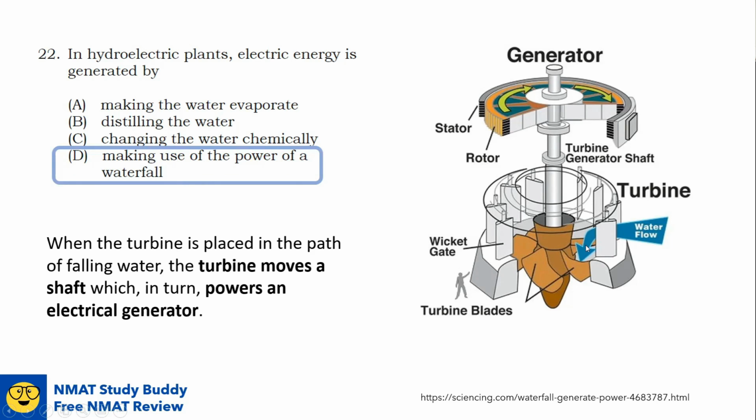Siyempre, yung pagbagsak ng water sa waterfalls, mataas yung energy niya and it can turn the turbine blades, which produces mechanical energy. And then, yung mechanical energy will be converted to electrical energy by this generator. So, yun yung purpose. So, ganun nako-convert yung mechanical to electrical energy.